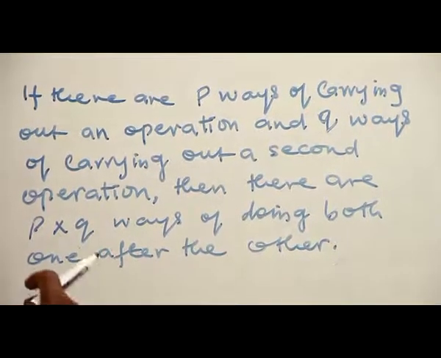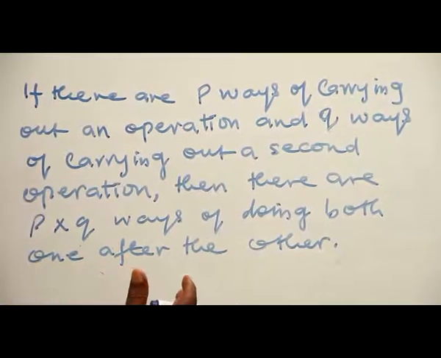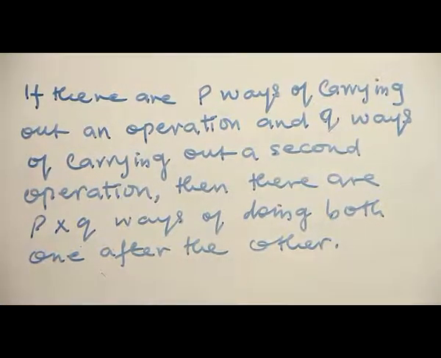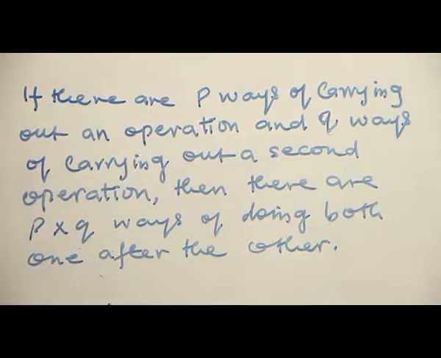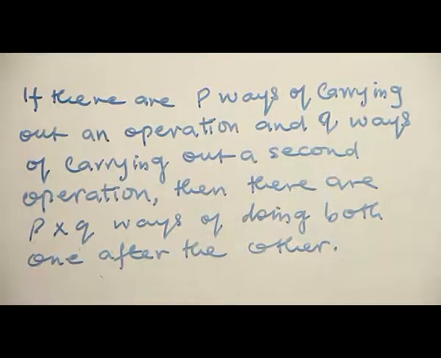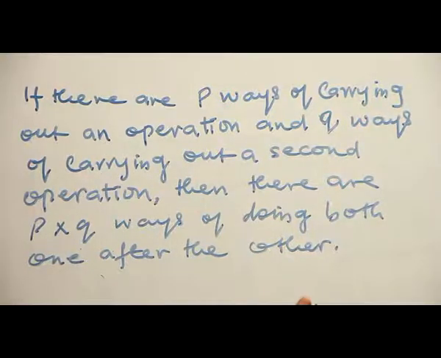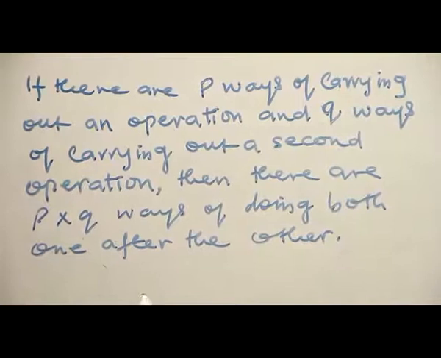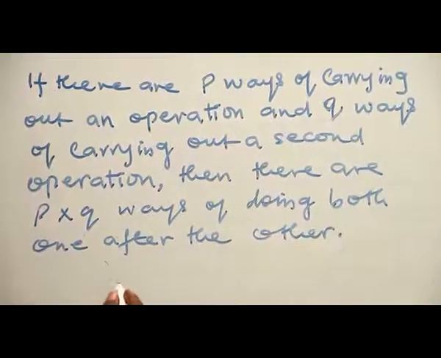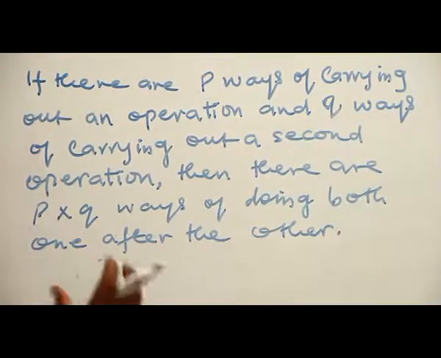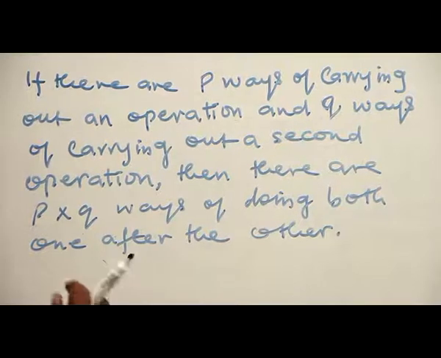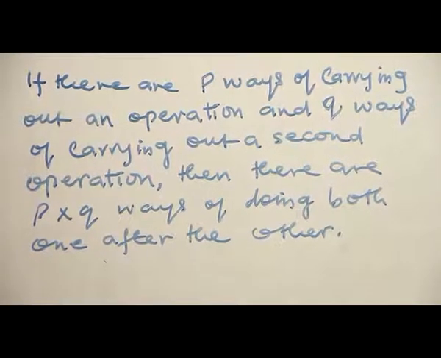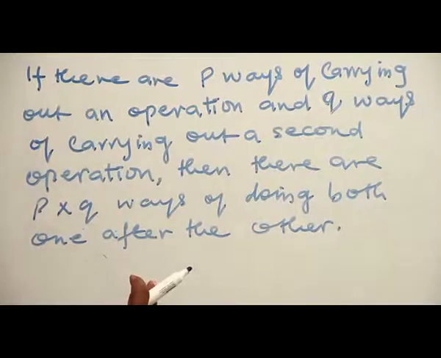Maybe you have 3 ways of arranging some objects, and you also have 2 ways of arranging another set of objects. Now, you will have 3 times 2 ways of doing both one after the other. That is the point we are making in this case.